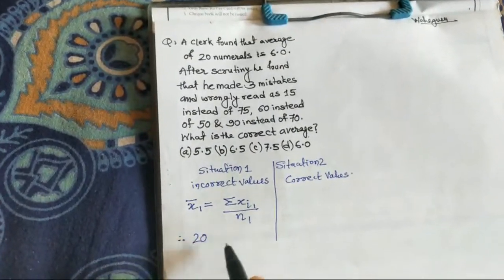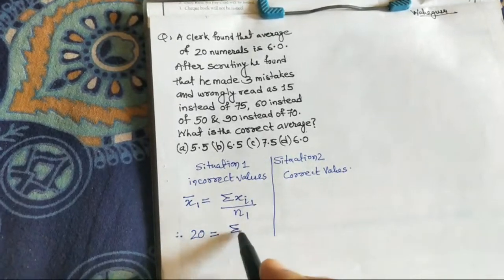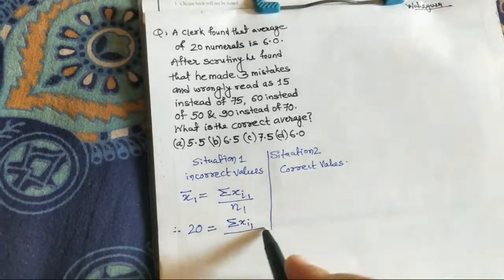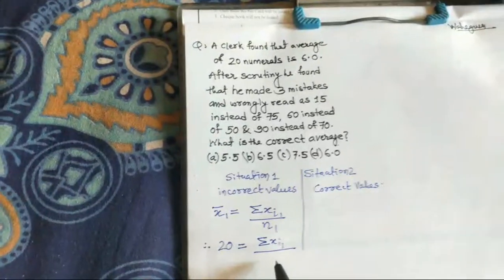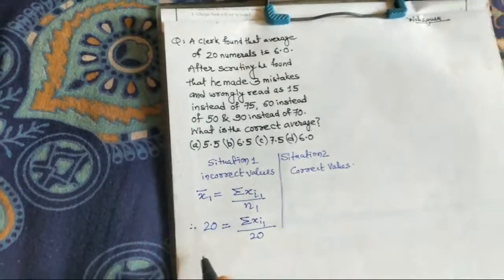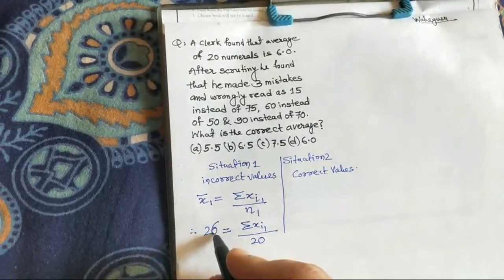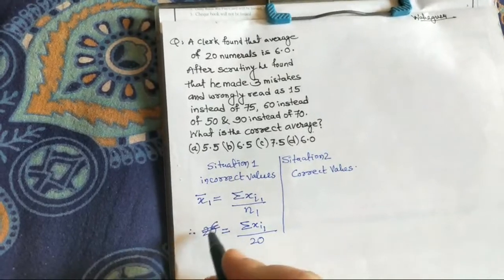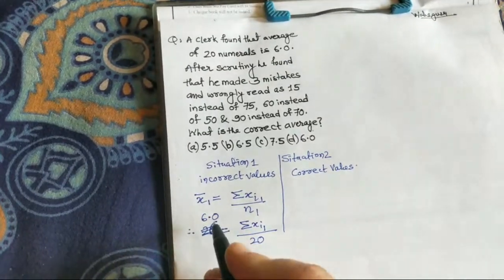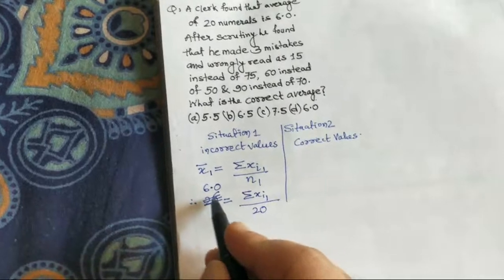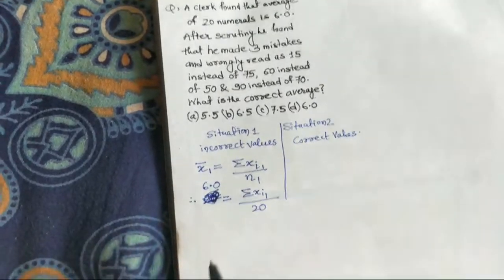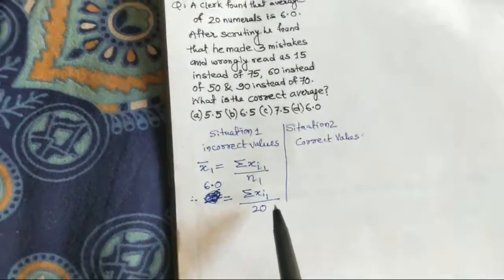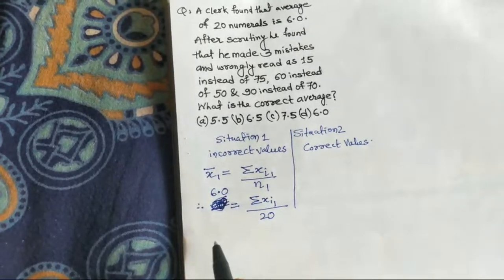Summation of the values we don't know, but number of values are 20. So mean is 6.0 and summation xi by 20.